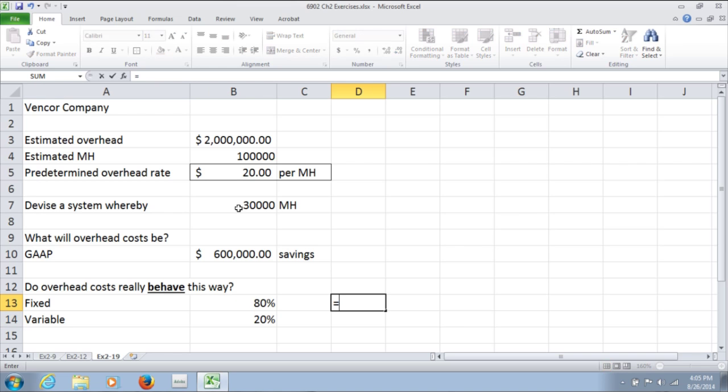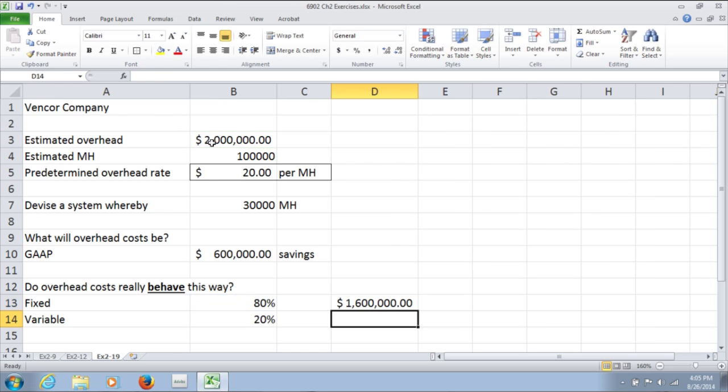So 80% of the overhead costs, or 1.6 million, would be unchanged. So we couldn't go from 2 million up here and have 600,000 in savings, because we have these depreciation costs that are not going to be changing regardless of how many machine hours we work.